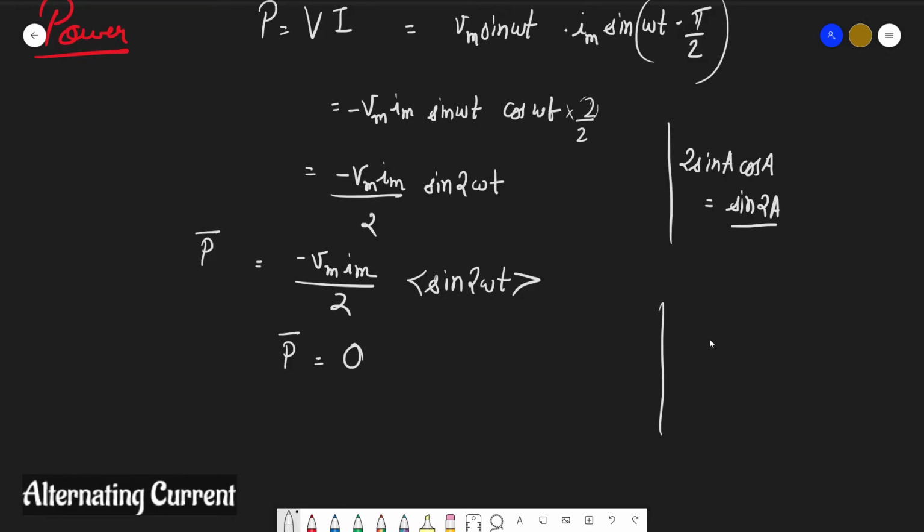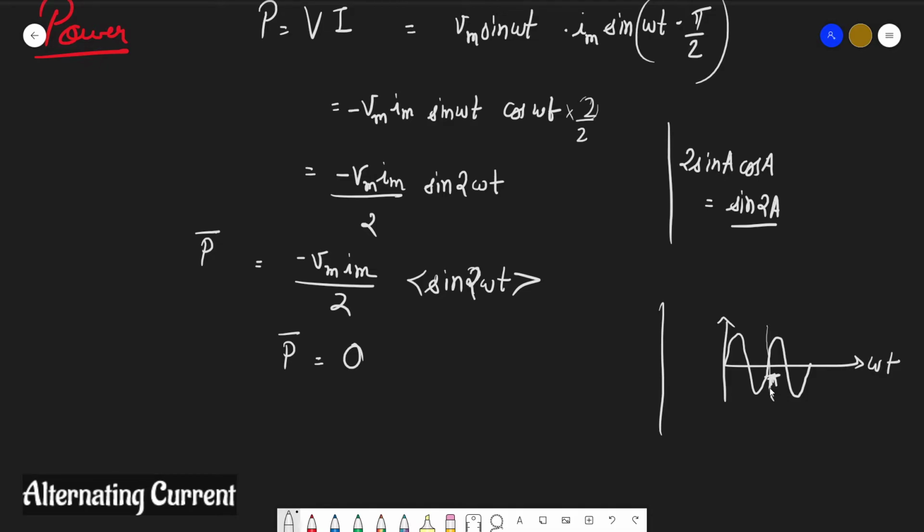Or you can understand this better in this way also. Suppose this was omega t. Now, sine 2 omega t, now the frequency is doubled. 2 is multiplied here. It means the time period is now half. So at pi only one cycle is getting complete.